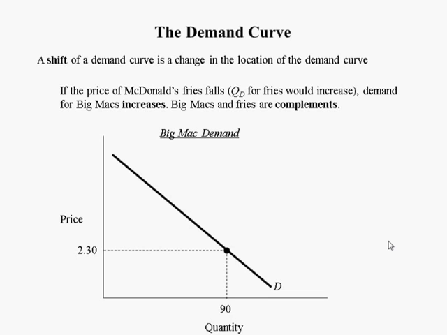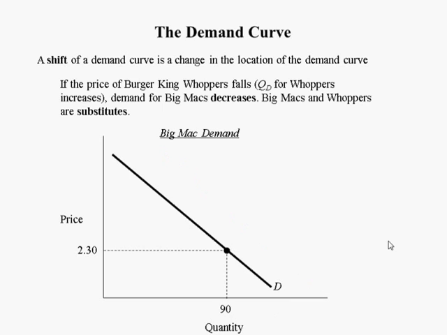That's the economics of value pricing. So this triggers an increase in demand because the price of Big Macs was held constant. McDonald's only lowered its price of fries. It did not lower the price of the Big Mac. As a result, you buy more Big Macs when you buy more fries. Big Macs and fries are complements.